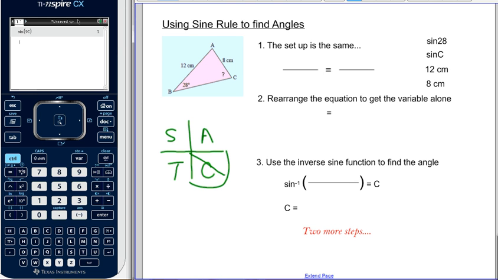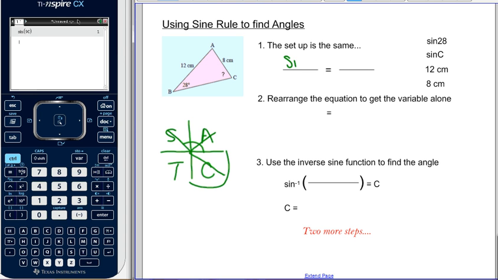We need our angles to be positive and all add up to 180 degrees. So with the cosine rule, we don't have to worry about it. With the sine rule, the only time we have to worry about it is when we're finding an angle, because we could have an acute angle or an obtuse angle, an angle in quadrant 2.